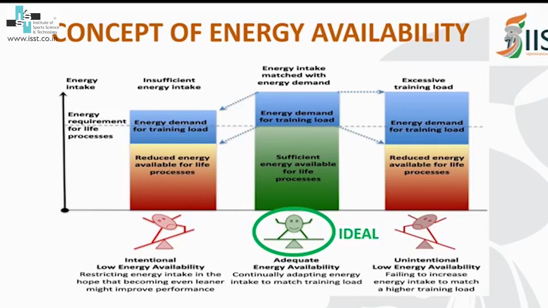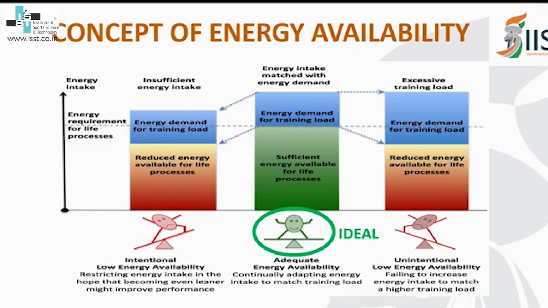That athlete would be healthy, with no signs of low energy availability, no consequences on any of the physiological systems, especially the endocrine system. So what we are looking for is really a good match between energy intake and energy spent.